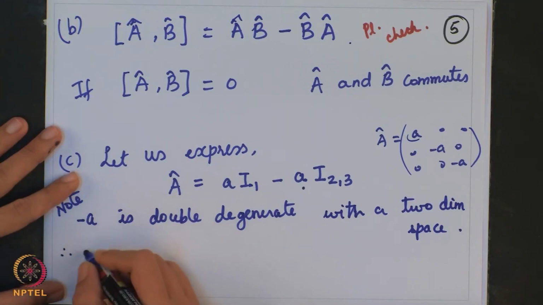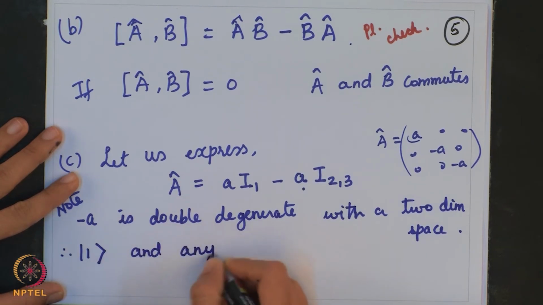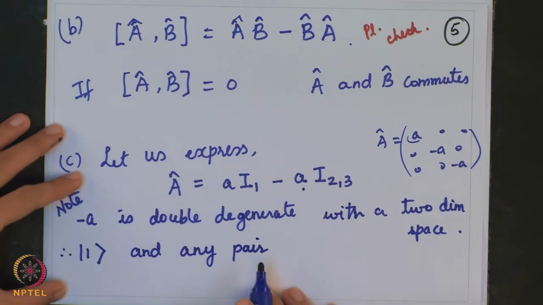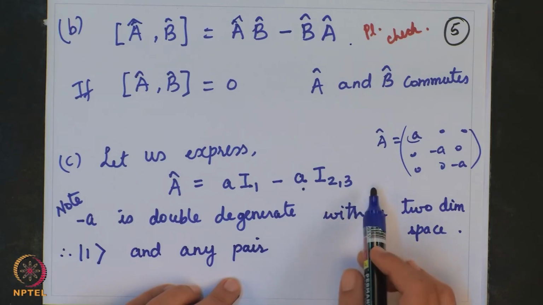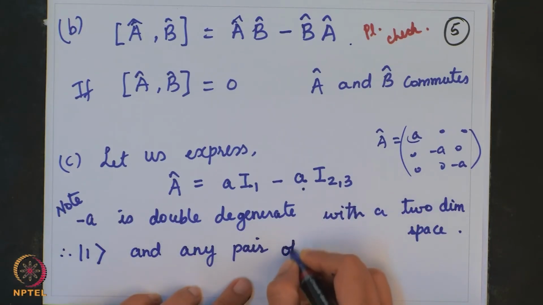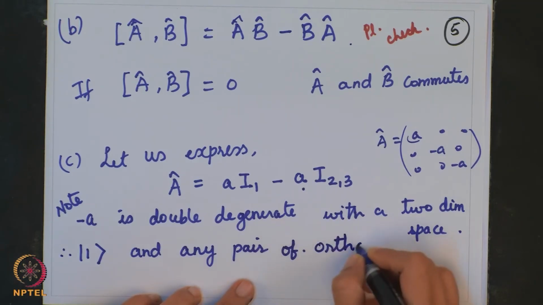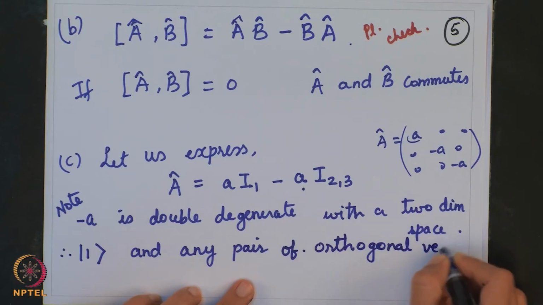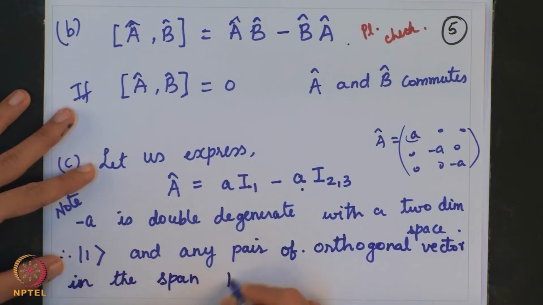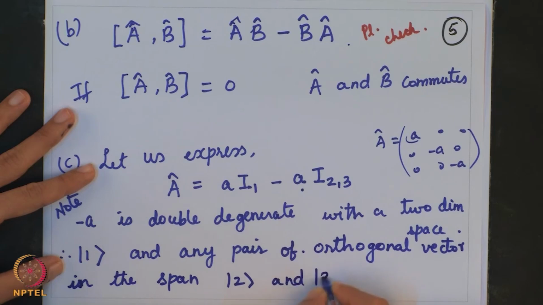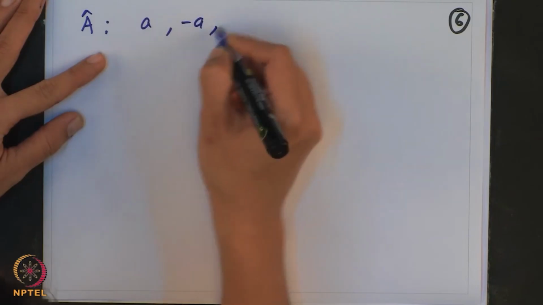So, therefore, what do we say, that ket 1 and any pair, what do I mean by any pair? There are two kets, ket 2 and ket 3. So, ket 1 with any pair of orthogonal vectors in the span of 2 and 3. So, A has eigenvalues a, minus a, minus a.